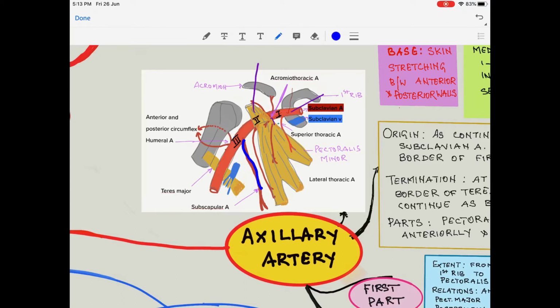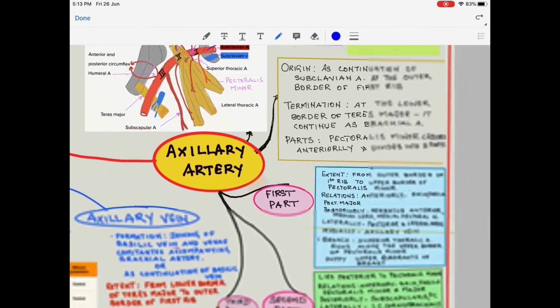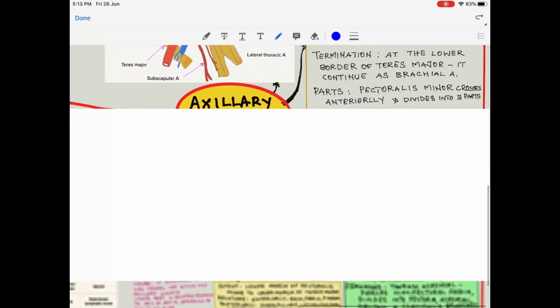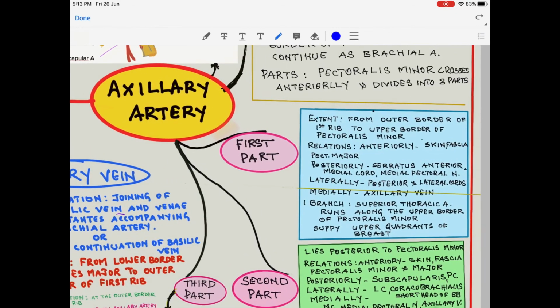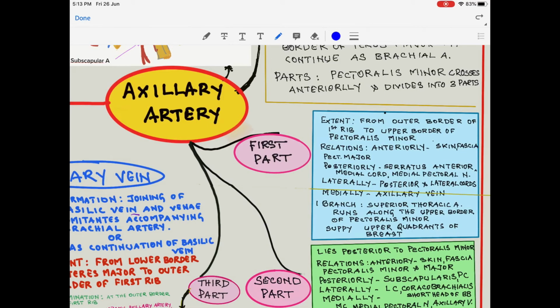Now we'll see the relations and other features of each part. The first part, as I said, extends from the outer border of first rib to upper border of pectoralis minor muscle. Relations. When we talk about relations of each part, the first part and second part are related to the cords of brachial plexus.